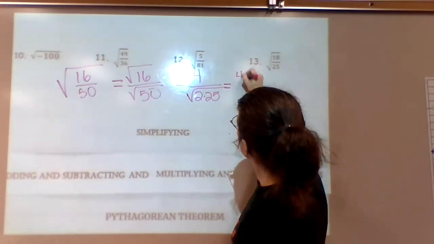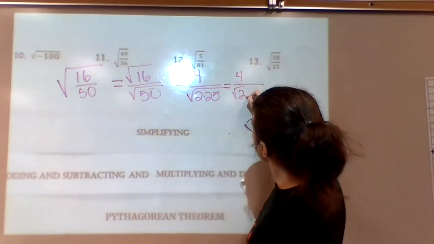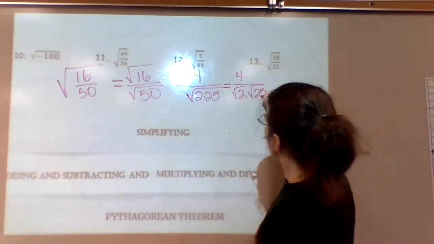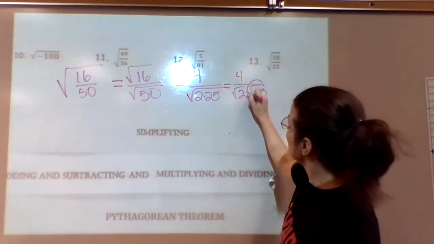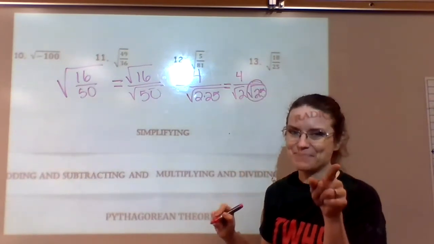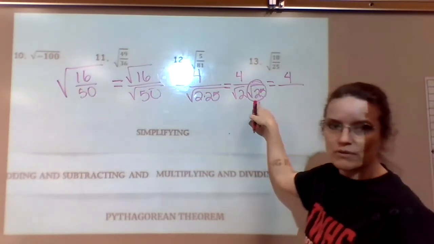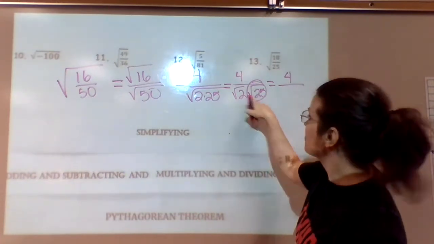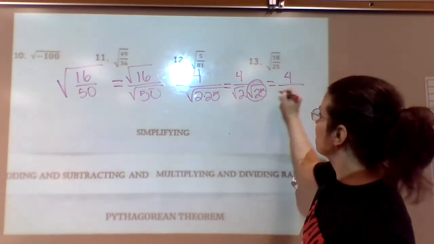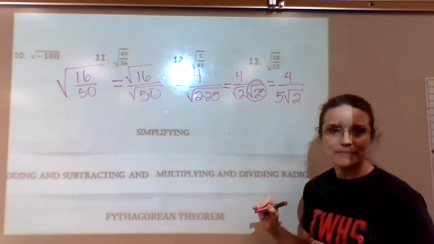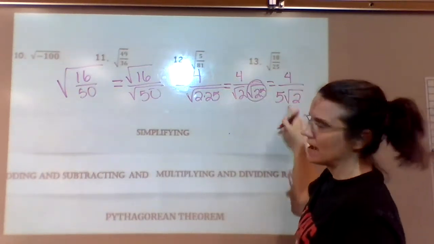I have 4 over the square root of 2 and the square root of 25. And that square root of 25 simplifies. So now you have 4 over, and the square root of 25 is 5. I'm going to put that number in front and leave the radical in back. So now I have 4 over 5 root 2.